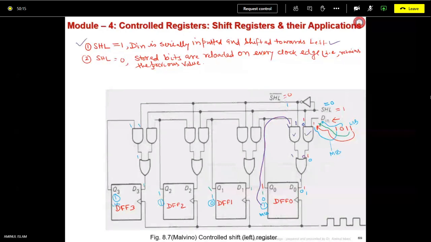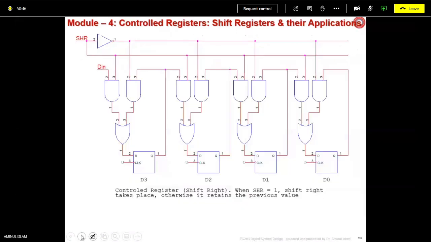When SHL equals 0, stored bits are reloaded on every clock edge, that is, it retains the previous value. Is it understood or not? Pratham? Yes, sir, now it is understood. So this is a shift left under the control of SHL. If you are not applying SHL, then it is returning the value.